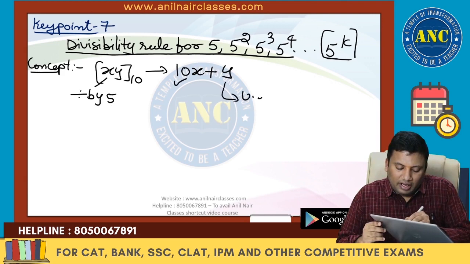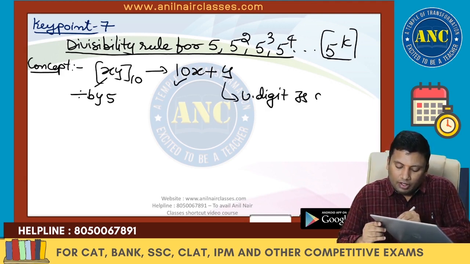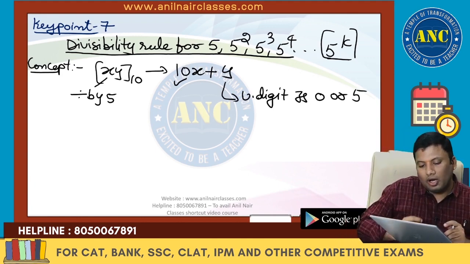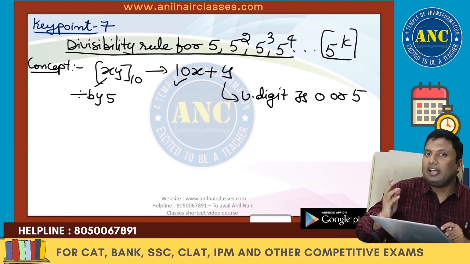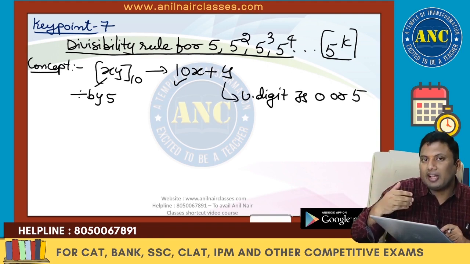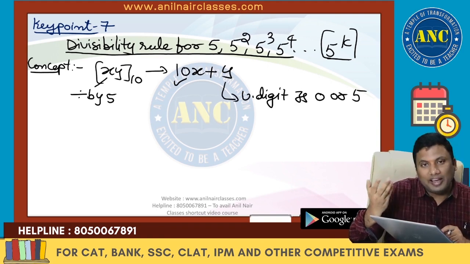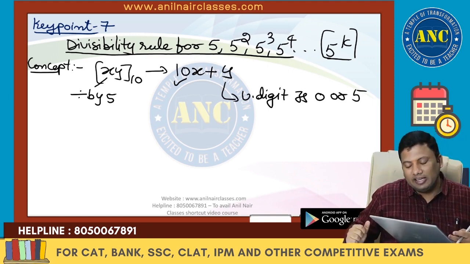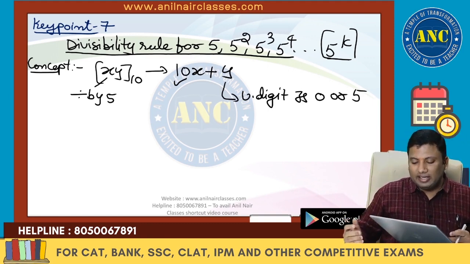That means the unit digit should be either 0 or 5. I hope the idea is clear, because any natural number greater than 1 ending in 0 or 5 is divisible by 5: 15 is divisible by 5, 20 is divisible by 5, 25 is divisible by 5.